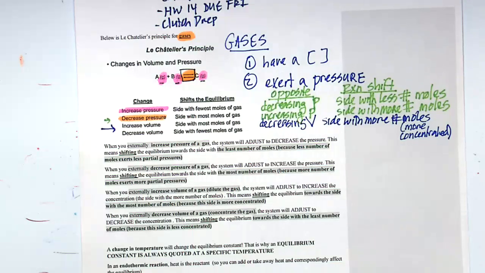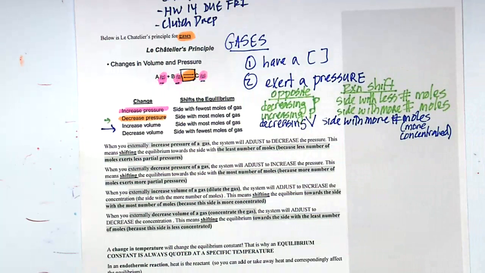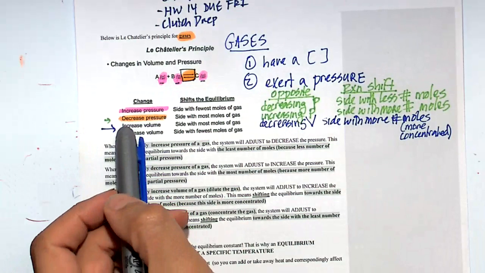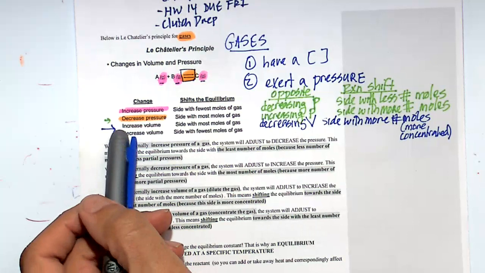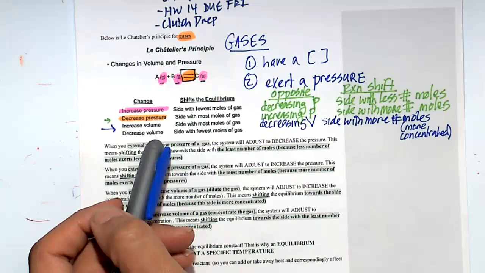Which is more concentrated, this or this? This side has more number of moles. Because like you said, decreased volume is side with more number of moles, so then that says decreased volume, side with fewer numbers.